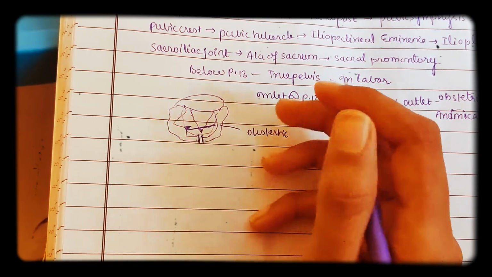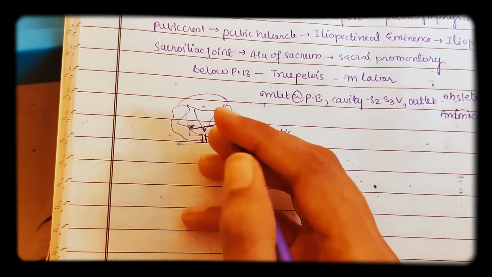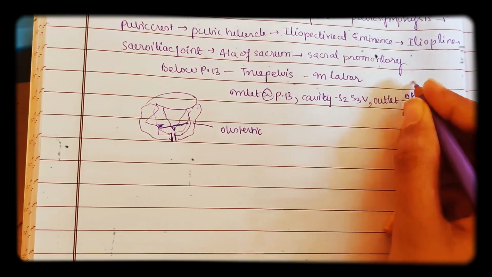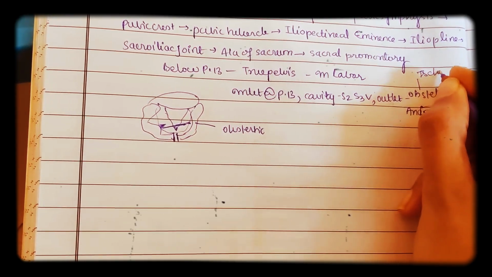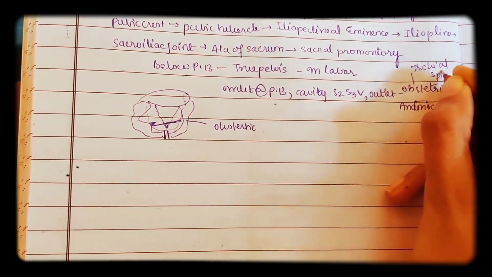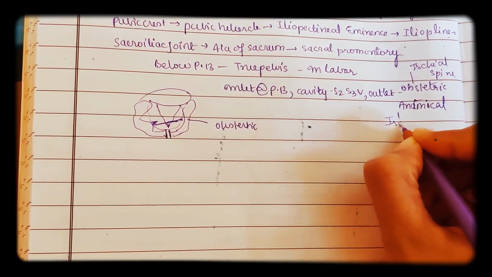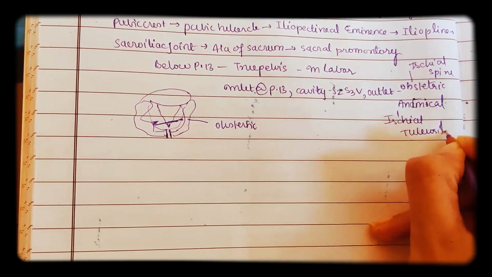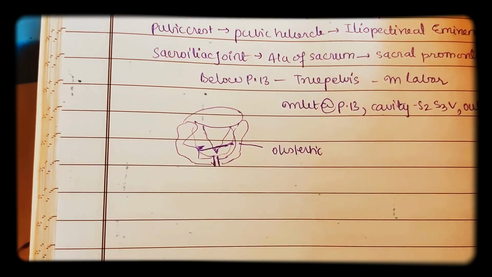Coming to anatomical outlet, it lies at the level of ischial tuberosity. This is very important: obstetric, ischial spine; anatomical, ischial tuberosity. Both are outlets only.